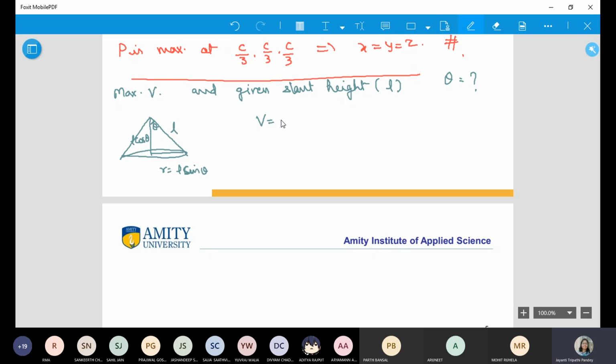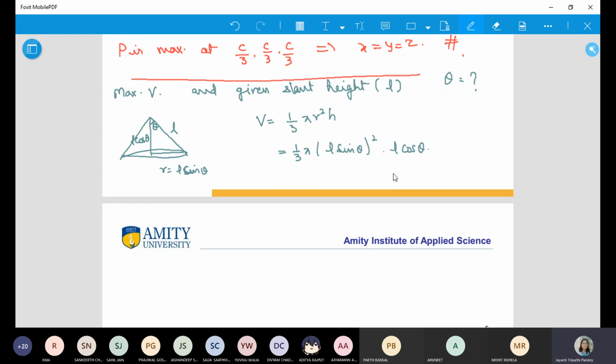So the volume of a cone is 1 by 3 pi r square h. So that is 1 by 3 pi (L sine theta) square L cos theta. You have to find V maximum. And what is your variable?